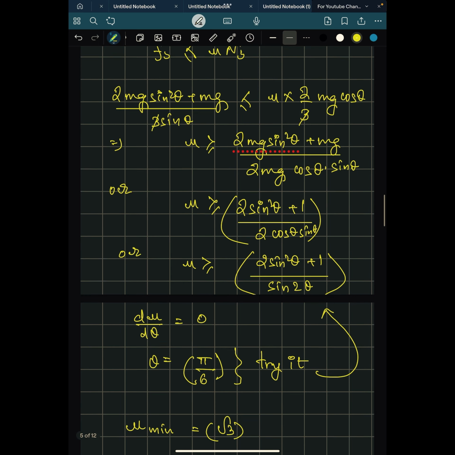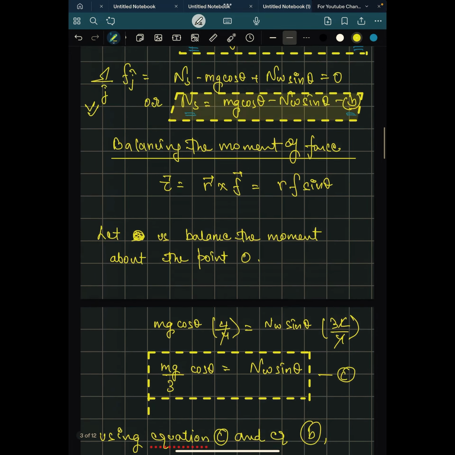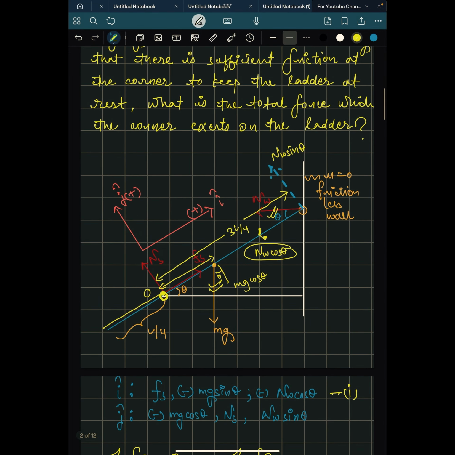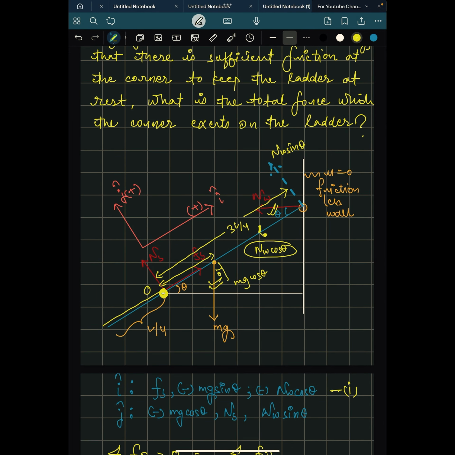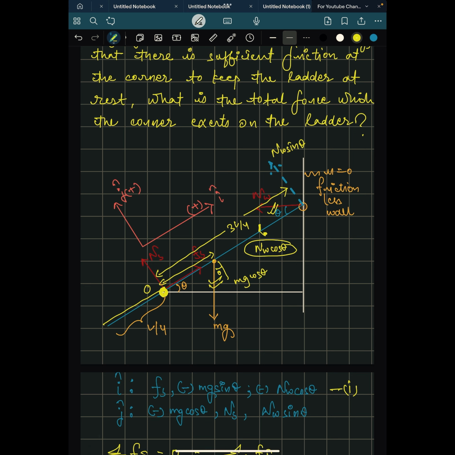Therefore, what you can see from this diagram is that the force on the ladder by the corner is basically two forces, Ns and Fs, right? Those are perpendicular in direction. So the net force exerted by the corner on the ladder is the resultant of these two forces, Ns and Fs.